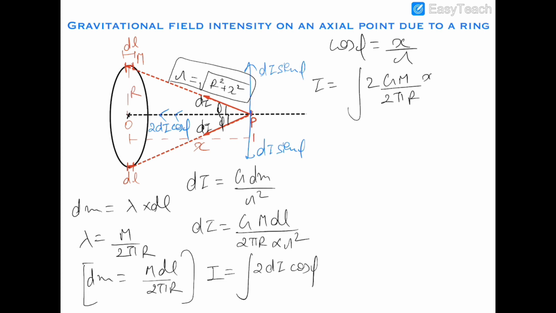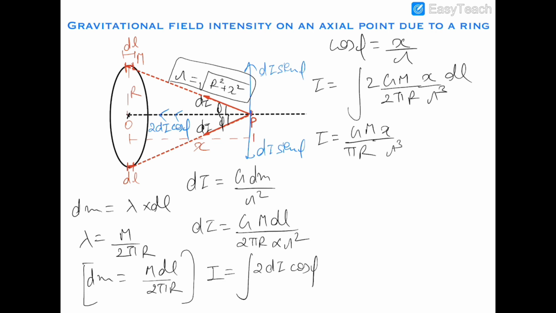Cos phi is x upon r. So this is r cube, because already there is r square and this is r, and this is dl.